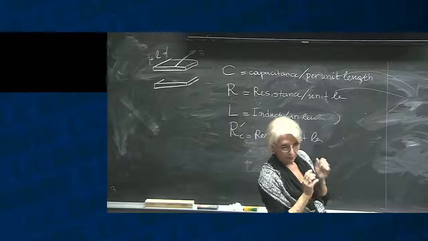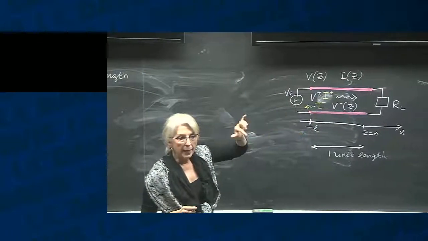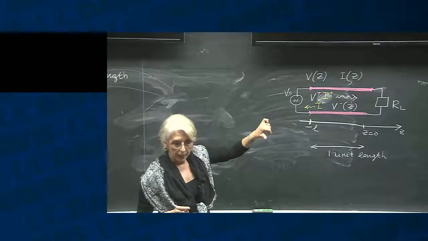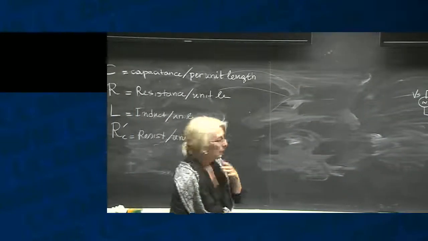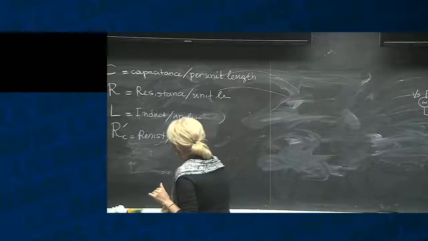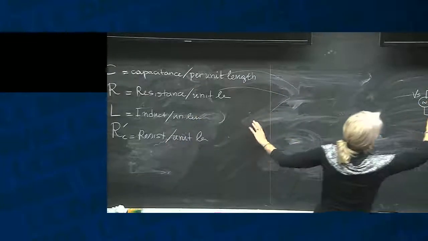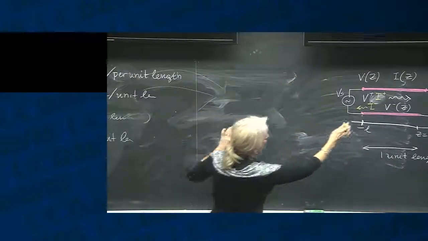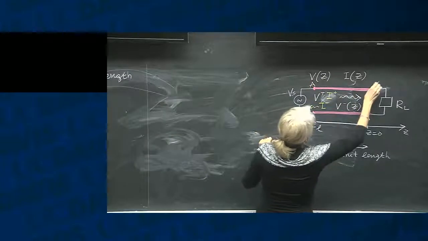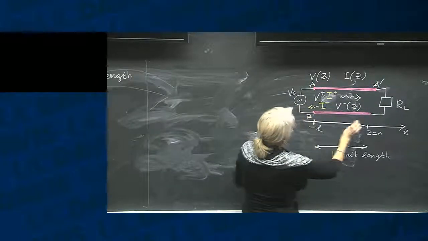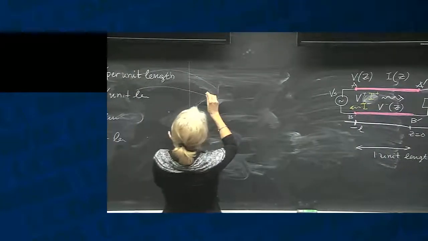Let's go now to this one. If this is a unit length line, then I can claim at this point, and I can claim it correctly, that I can represent it in a different way, and I can do it in this form. Instead of this line from here to there, I will still have this point. If this point is A prime, B, and B prime, this line can be represented by this circuit.